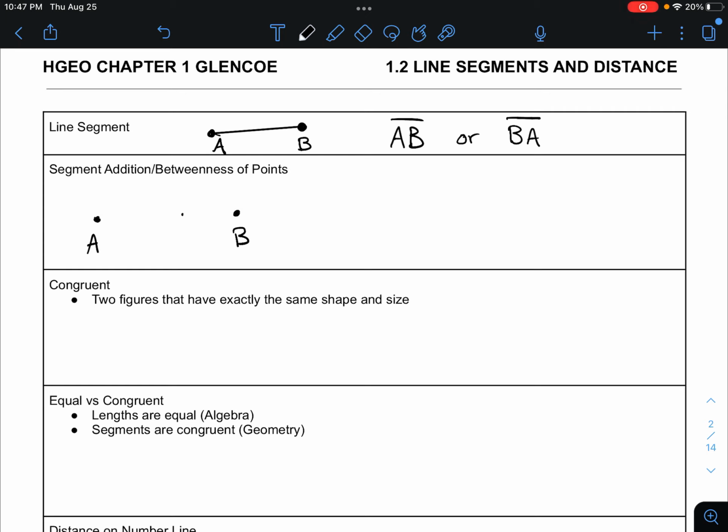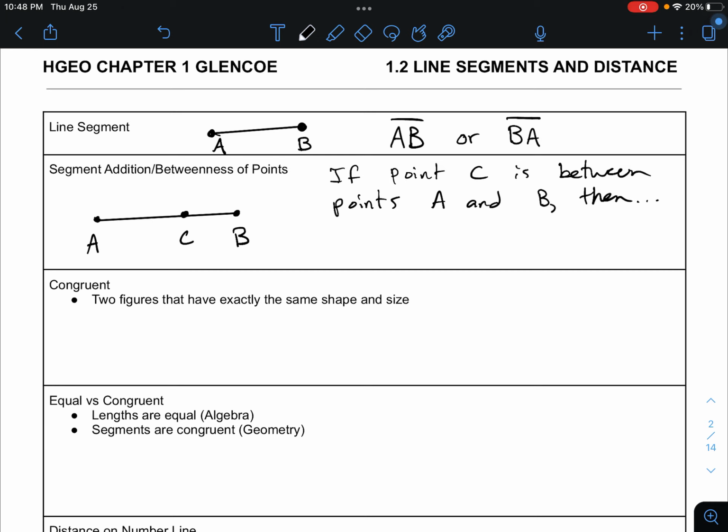So for a point to be in between two other points, it has to be, first of all, collinear. So if point C is between points A and B, then we know that A, B, C are collinear.